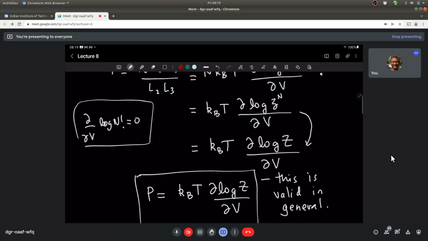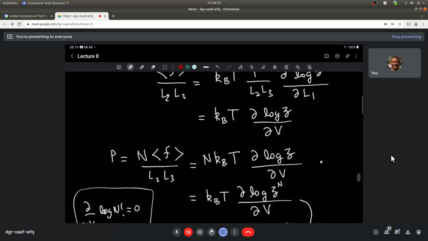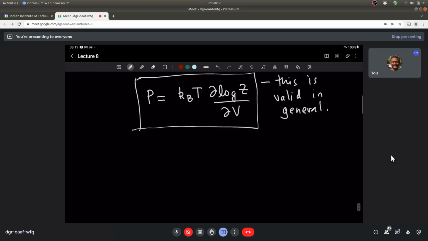Sir, how did the L2, L3 part become dV? I mean, we are only varying L1, right? We're asking how L1 is changing, so the change in volume. Yes, good question.